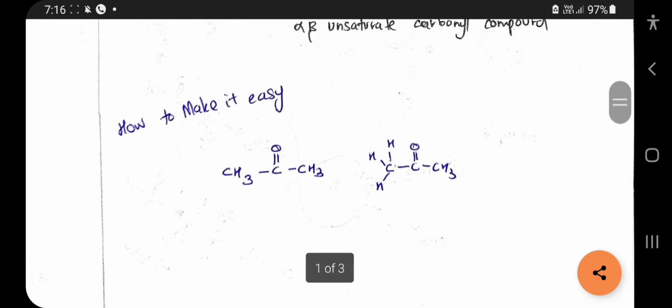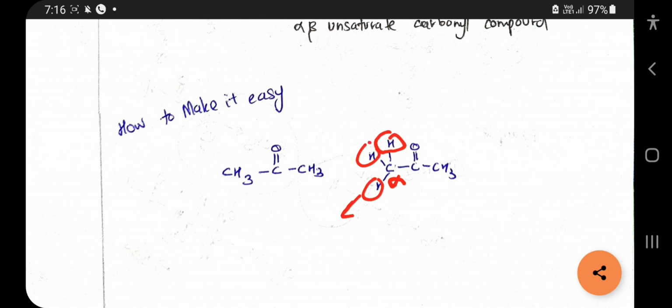You will take this compound. These both are identical; we should react two carbonyl compounds so that we get a product. If you have an alpha carbon, this is called the alpha carbon, and any one of the following hydrogens is called an alpha hydrogen.